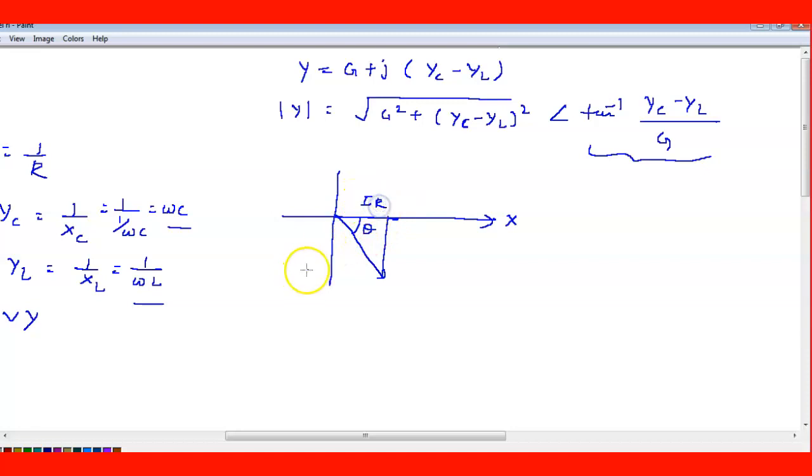This is IR, and this is the current IL plus IC. This is IL, this is IC. Any doubt till here? Understood this one? These three derivations are important. While solving the problems I will tell you how to do it, but this derivation is important.